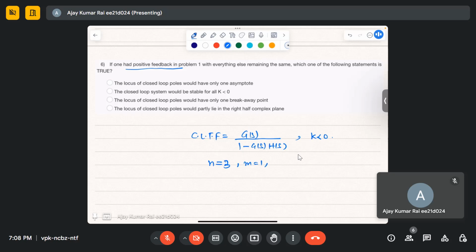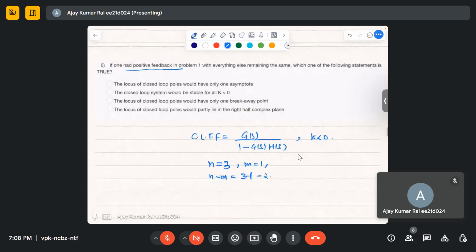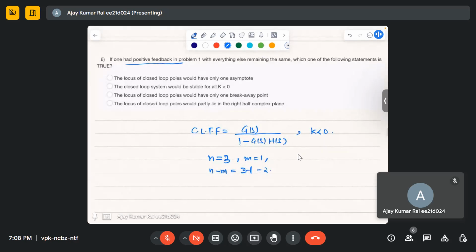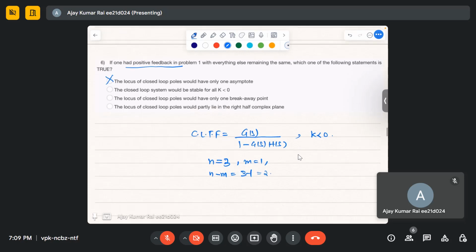So the number of asymptotes will be 3 minus 1, which is 2. So this option is wrong. The next option: the closed loop system would be stable for all k less than 0. This we have to check.